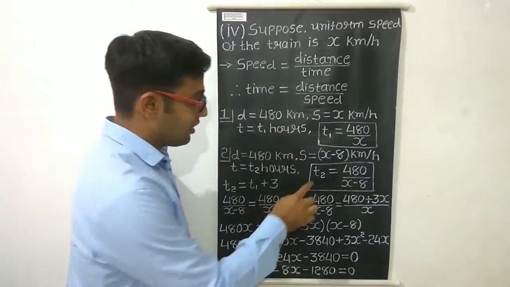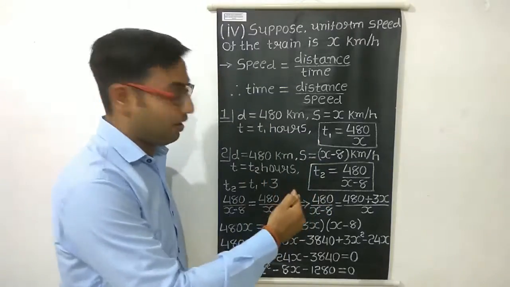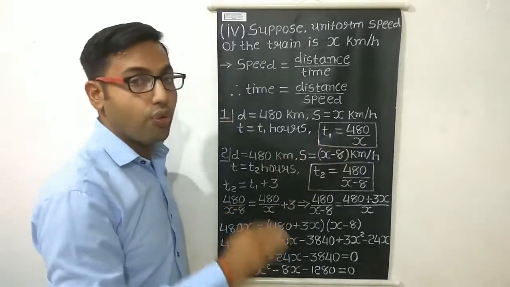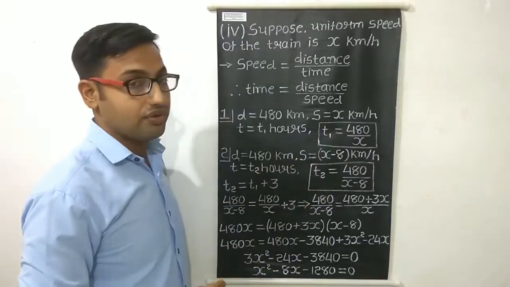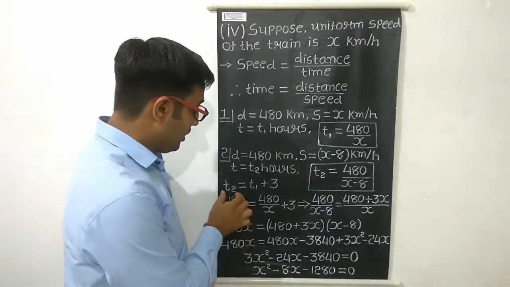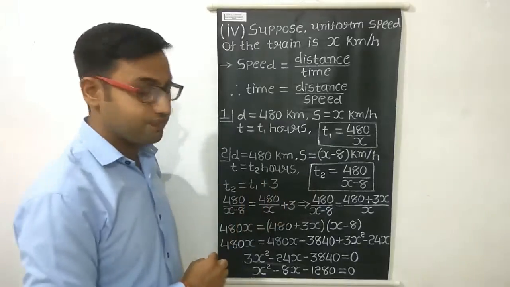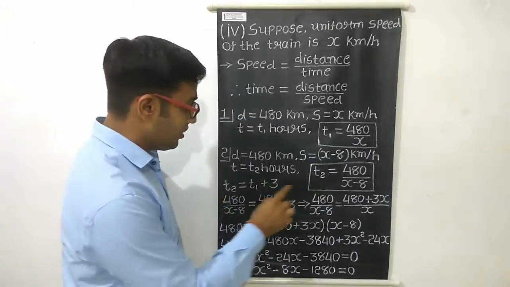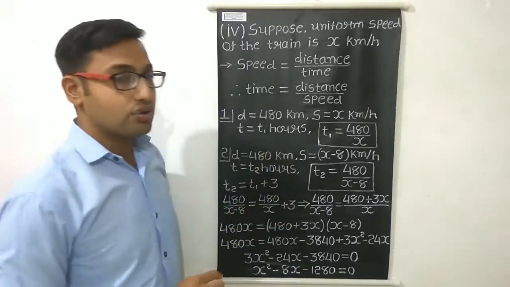In the second case the train takes t2 time. Now this time is higher, this time is lower, and the difference between these two times is 3 hours. So we can write t2 time is equal to t1 time plus 3 hours.